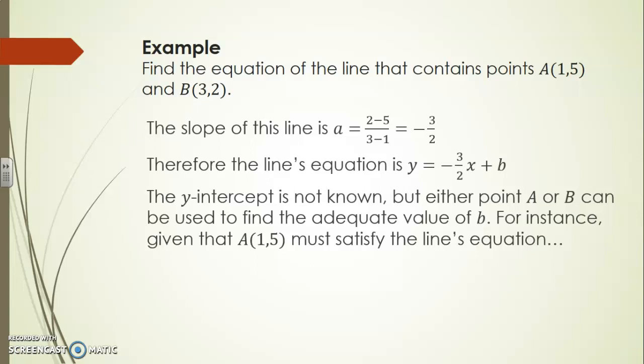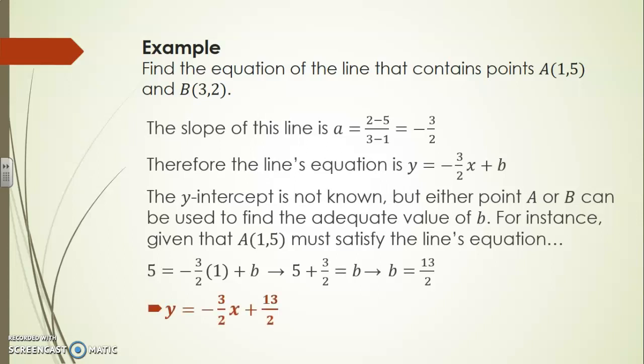For instance, given that (1, 5) must satisfy the line's equation because it is a point of the line, then we can replace y by 5 and x by 1 and eventually find the value of b that fits, which would be 13/2 in this case. The equation of the line is therefore minus 3/2 x plus 13/2.